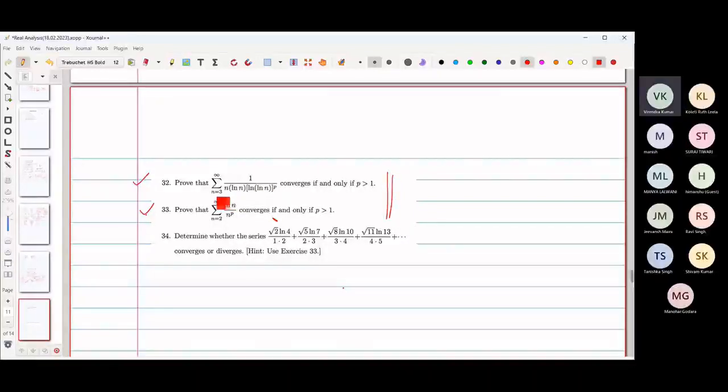फाइन. ध्यान रहे यहाँ पे 3 से स्टार्ट हो रहा है, यहाँ से 2 से स्टार्ट हो रहा है. The reason behind is that n log n is defined when log n is defined for positive numbers, na, for positive numbers.